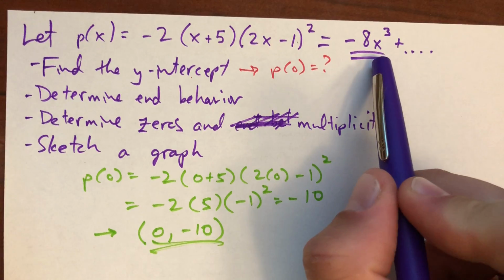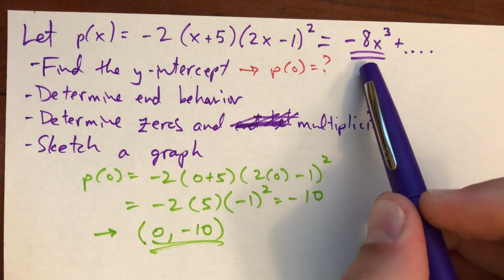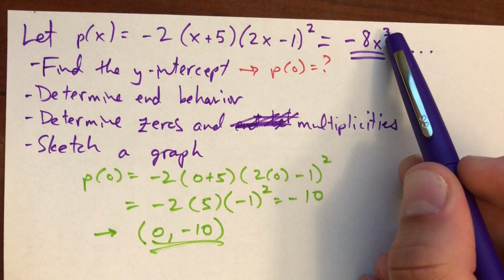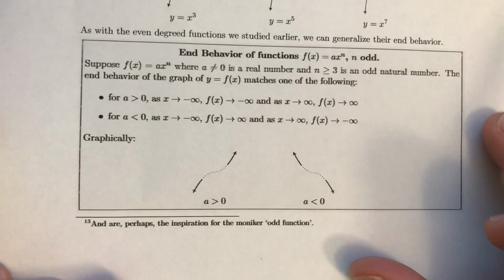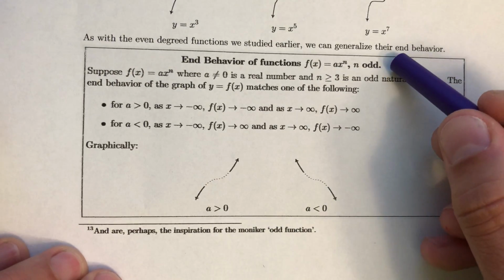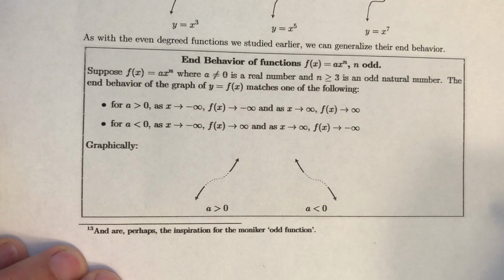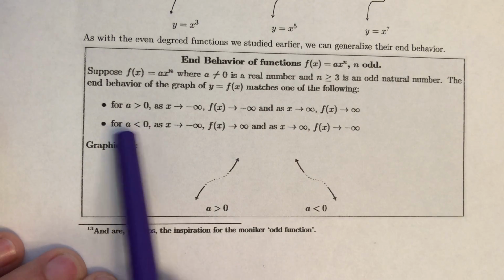So let's take a look at the other side of the sheet. We know our leading term is negative 8x cubed, so it's got an odd degree, and it's a negative leading coefficient. All right, so we've got an odd degree, so that tells us we're in this box. And our leading coefficient was negative 8, so that's in this spot here.